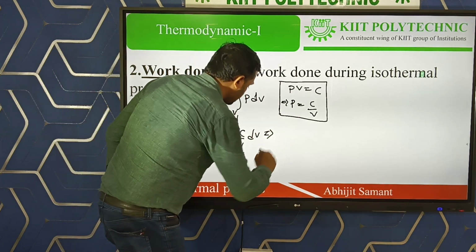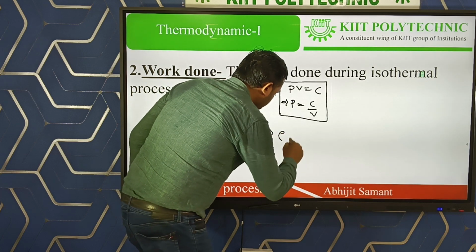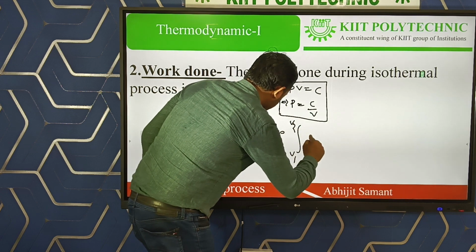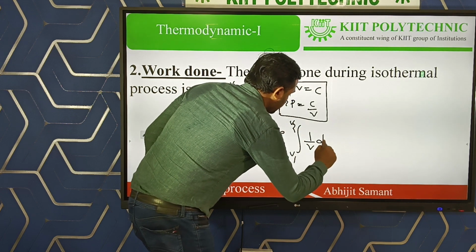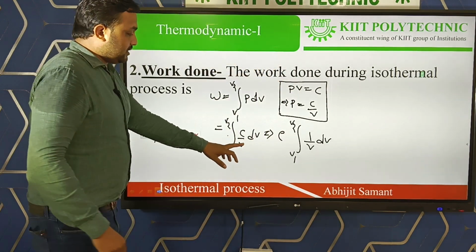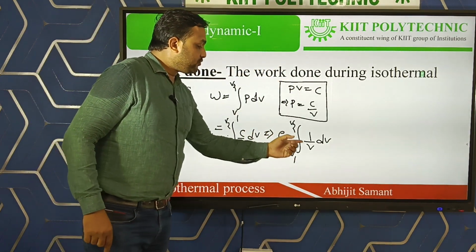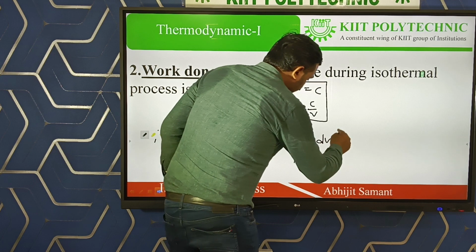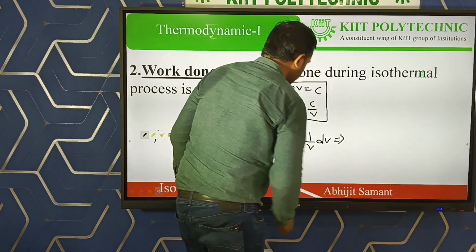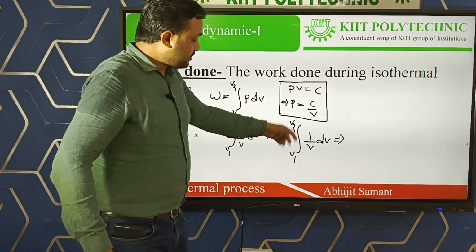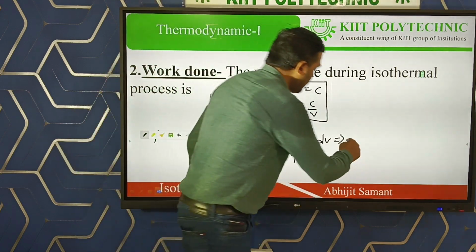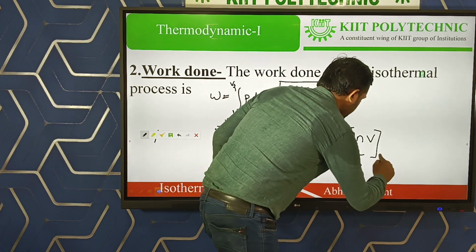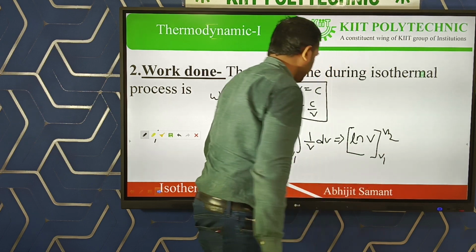The constant comes out of the integration, and the integral from V1 to V2 of 1 by V dV remains. The integration of 1 by V dV is ln V, evaluated from V1 to V2.